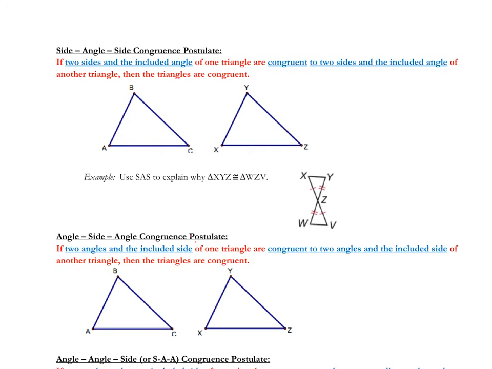The next one we're going to work with is side, angle, side. So if you look at side, angle, side, notice where the angle is. It's in the middle. So when we're working with SAS, that means we want the included angle to be between the 2 sides.